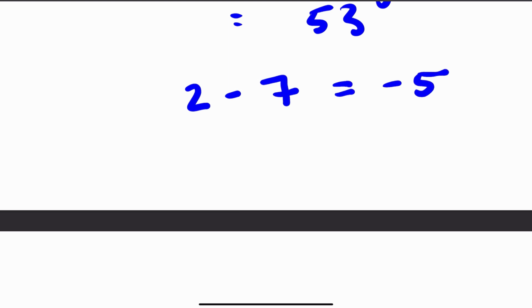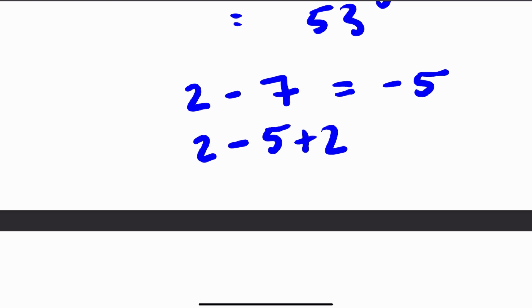Well, with numbers, if I say 2 minus 7, well, that's going to be negative 5. If I say 2 minus 7, but I'm going to break 7 into two numbers, right? I'm going to think 5 plus 2 because 5 plus 2 is 7, right? I don't say 2 minus 5 plus 2.